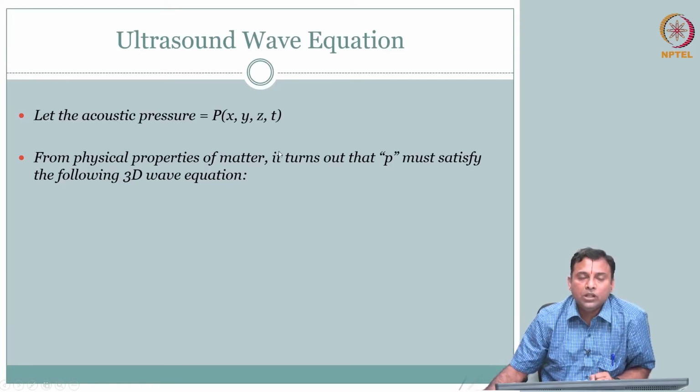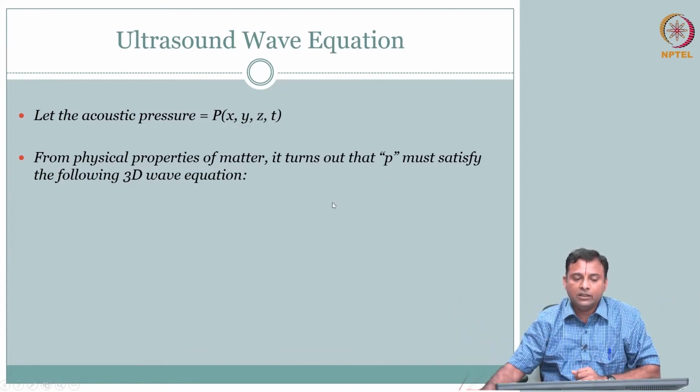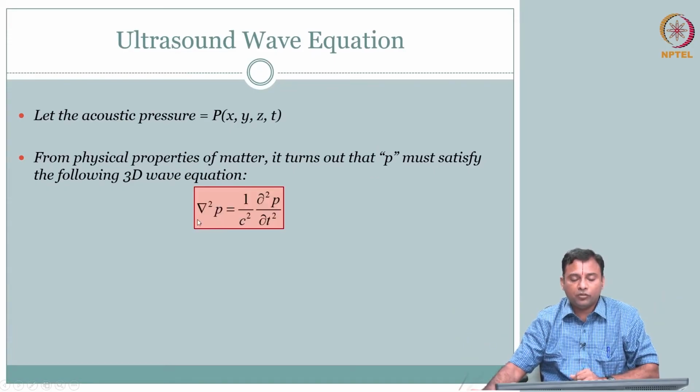Given the introductory nature of the material here, we will not go into the derivation, but it comes from the physical properties of matter. So we could describe this P in 3 dimensions using a 3D wave equation which will be of this form.